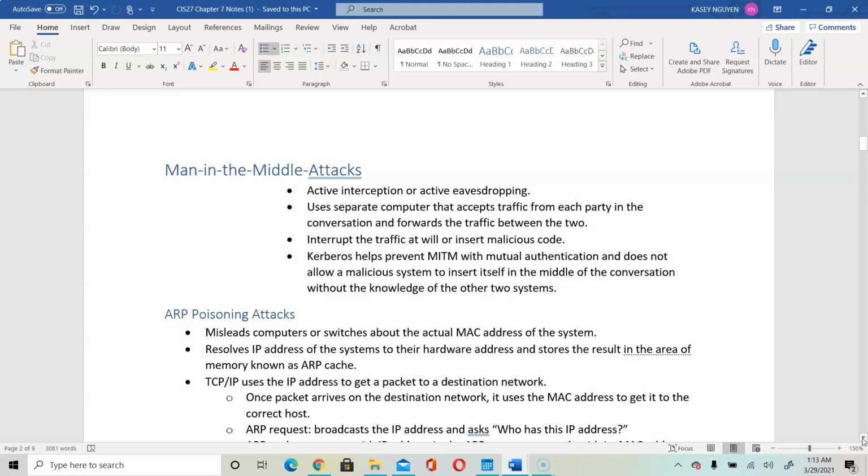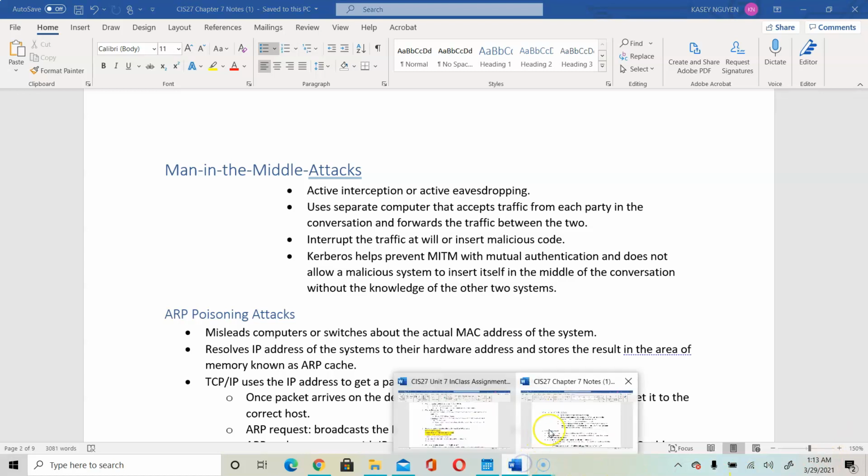Because Kerberos requires mutual authentication, it does not allow the system to receive malicious script or code in the middle of the conversation without the knowledge of the system. So Kerberos would help reduce man-in-the-middle attacks.